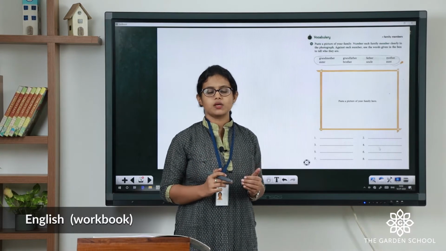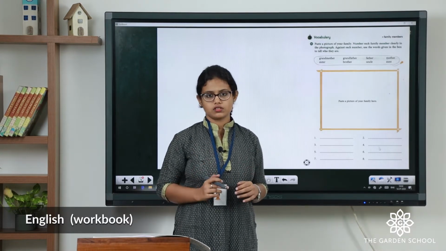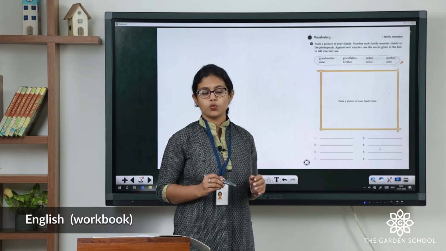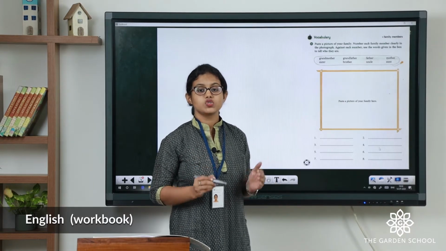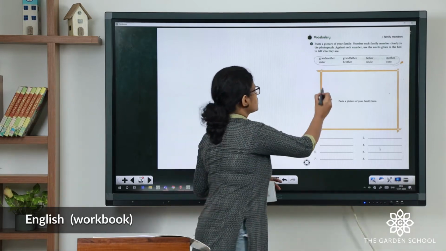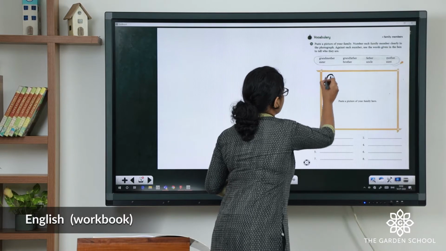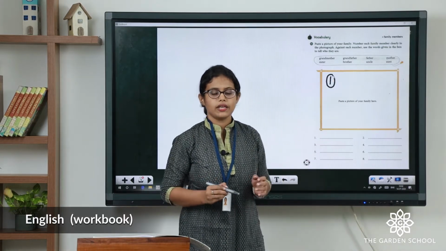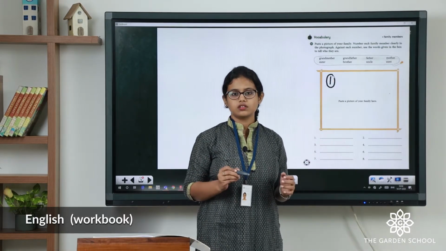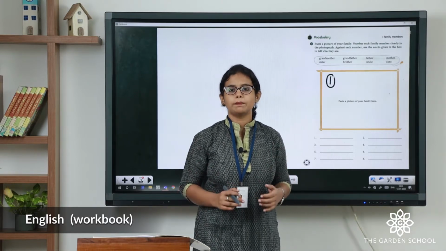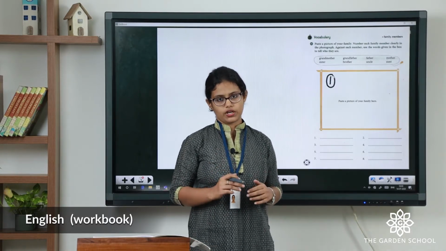And while you paste the pictures, you have to number them. For example, if you are pasting the picture of your father, what do you have to do first? You have to number it as 1. So if you are pasting the picture of your father, then number it as 1. Then, suppose you are next pasting the picture of your mother, then number it as 2. So like that, for all the pictures, you have to number them.